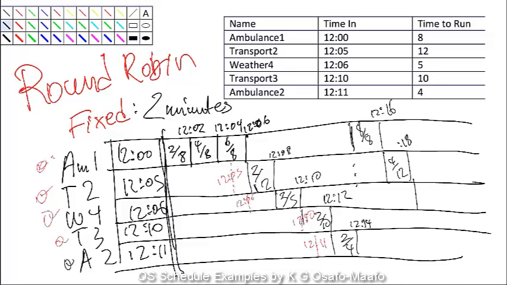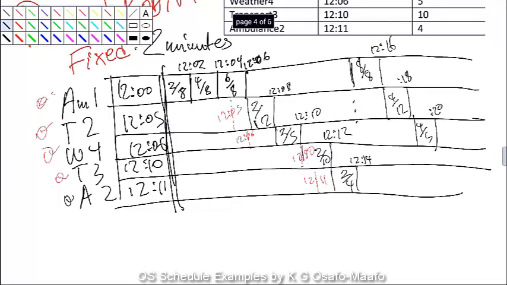At 12:20, we would have done 4/5 of this guy's work. 22. At 24, we'll do. Right. So the first person to finish is A2.